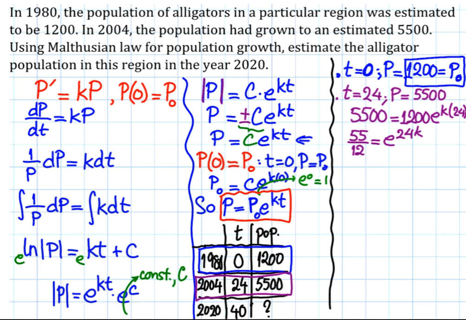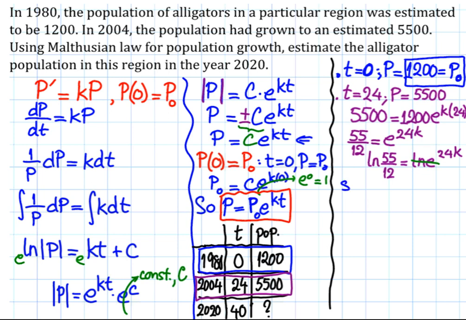Take ln on both sides. We will have ln of 55 over 12 equal to ln of e to the 24k. Cancel ln and e. 24k is equal to ln of 55 over 12.